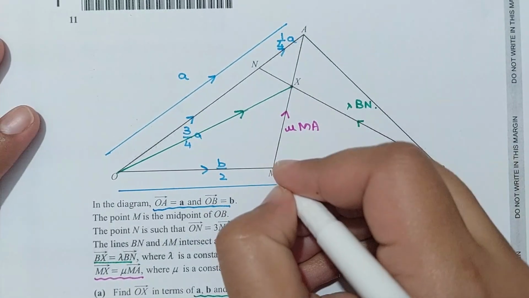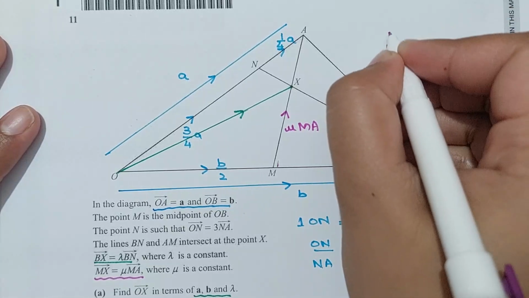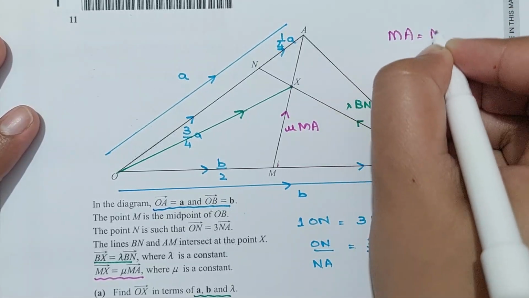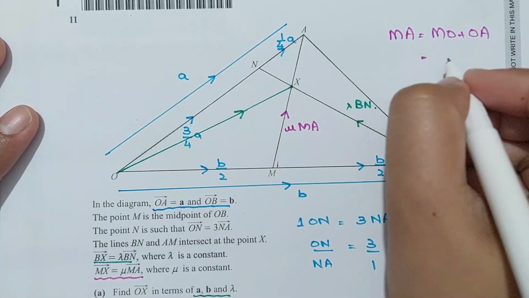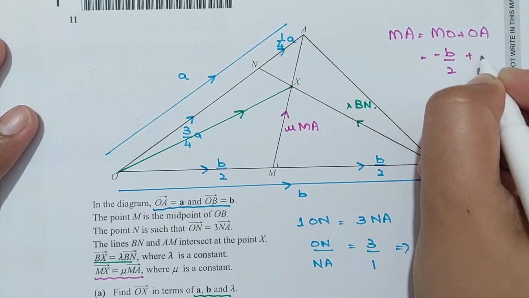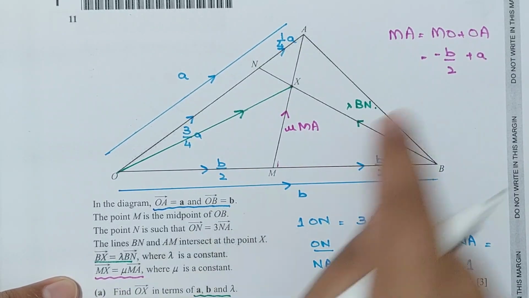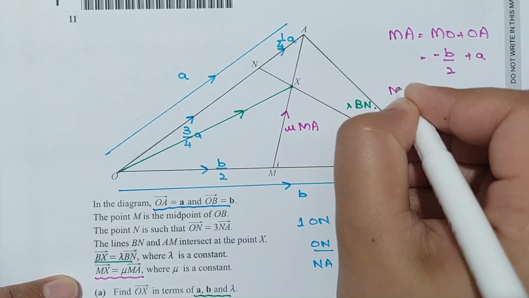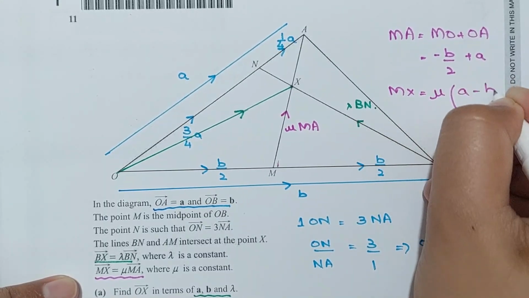M to A is M to O plus O to A. M to O is minus B by 2, and O to A is just A. So MX is mu times of A minus B by 2.